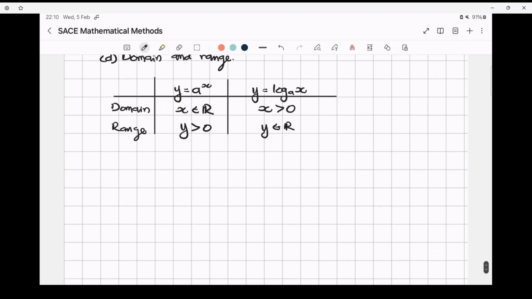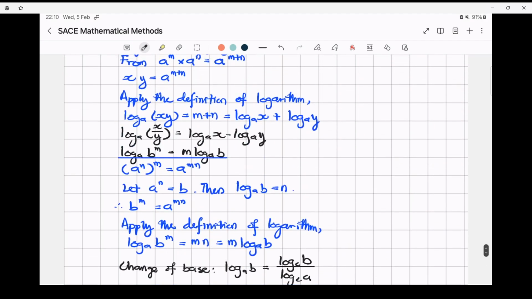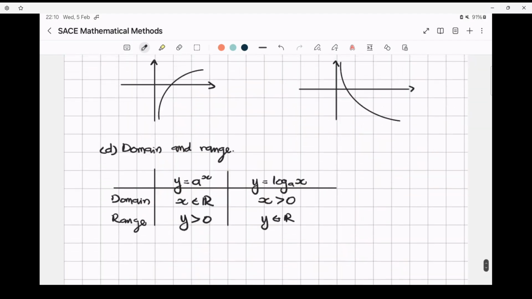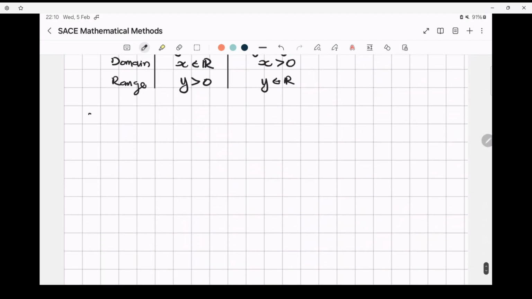So that's probably it for exponential and logarithm functions. We now cover the last functions, which are quite important as well, called the trigonometric functions.